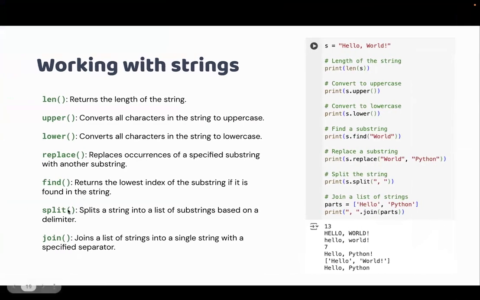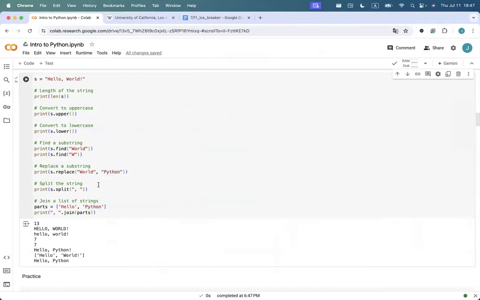Okay, so we also have split and join. Split will actually split a string into a list of substrings based on a delimiter. Over here, we specify the delimiter as the comma and space. So it will print out a list splitting it into two elements, which are hello and world. The comma and space in the middle disappeared.